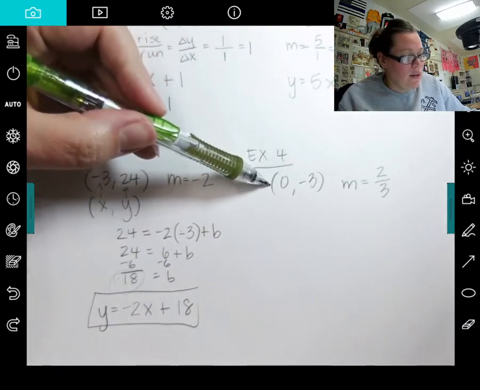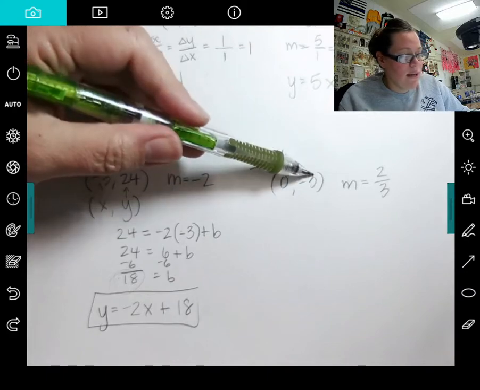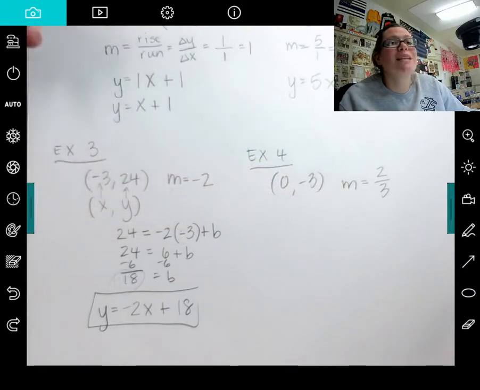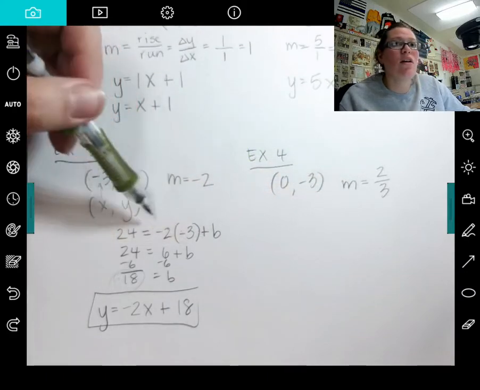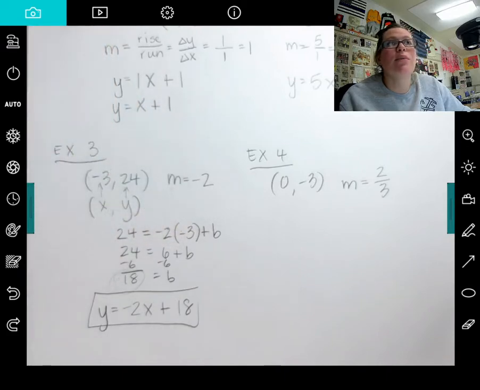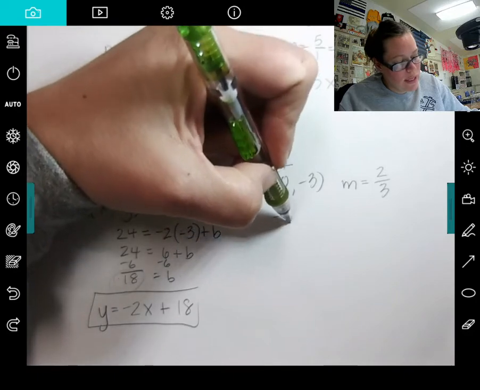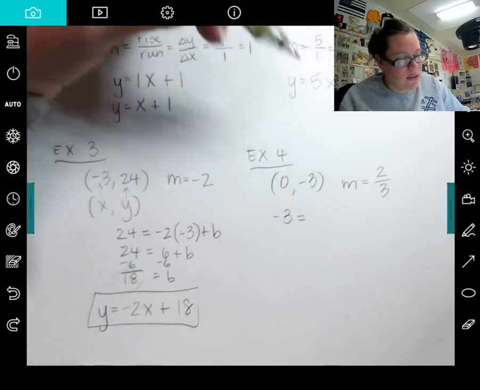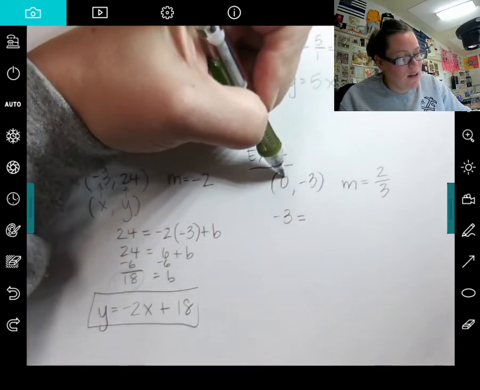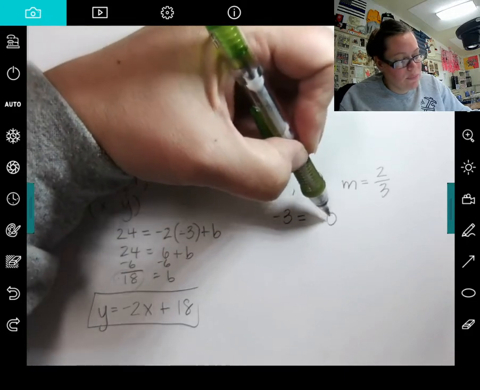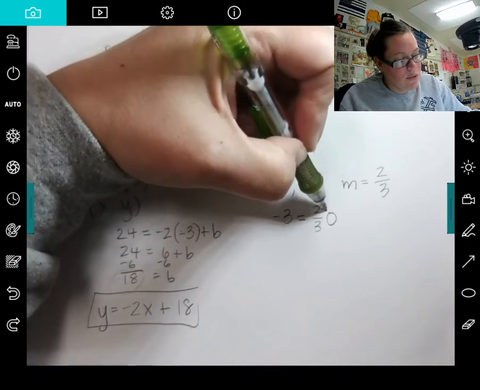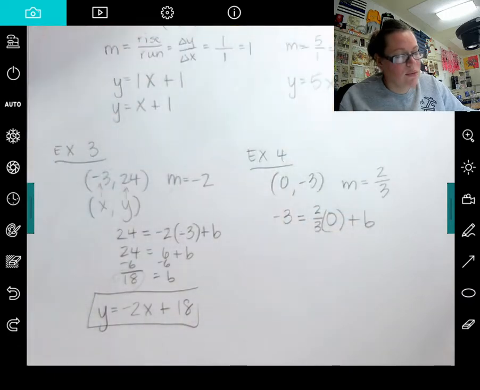So again, we have an x and a y, we have our m, but we are missing that b, so we need to solve for b like we did in example 3. We plug in our y value, so -3 equals, our x value in this case is 0, our slope is 2/3, and we don't know b.